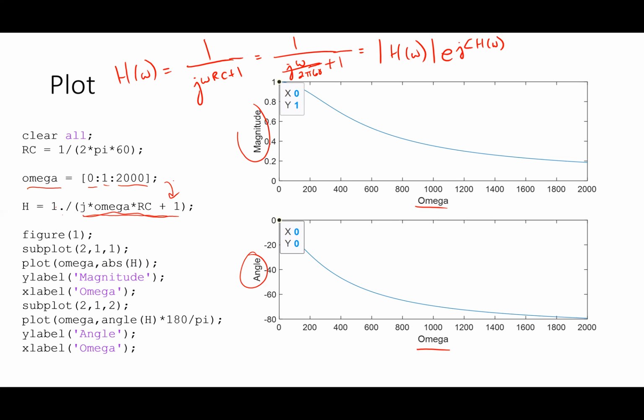If you look at the graph, here's the code to actually do it. I'm plotting the magnitude in the top graph and the angle in the bottom graph. And I can look at this graph to see the value of the transfer function at those particular frequencies.